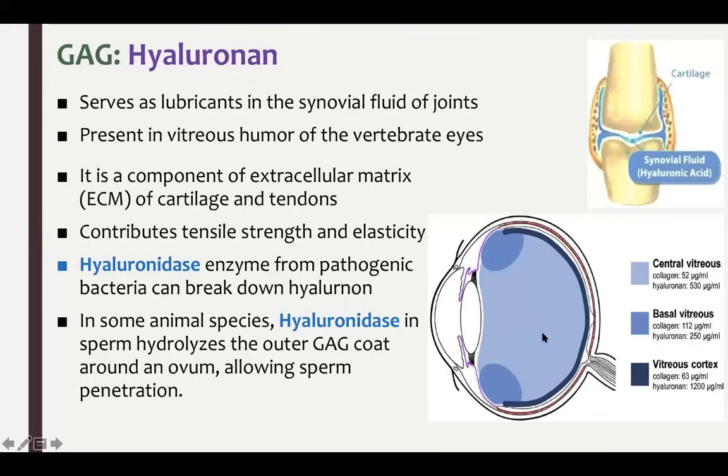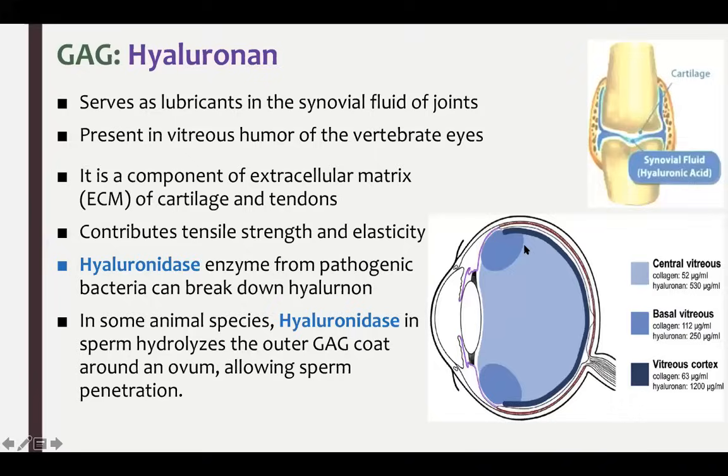And in the vertebrate eyes, there is vitreous humor. We know that in the vertebrate eyes, there is aqueous humor, which we call tear, and there is vitreous humor in the later part of the eyes. The vitreous humor is a gel-like substance, and it contains hyaluronic acid.